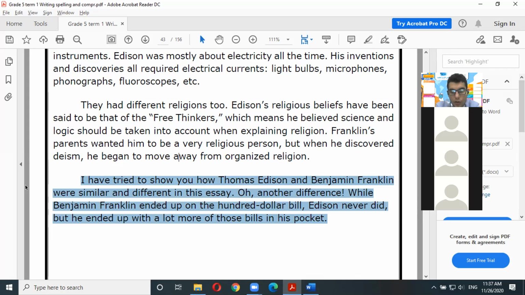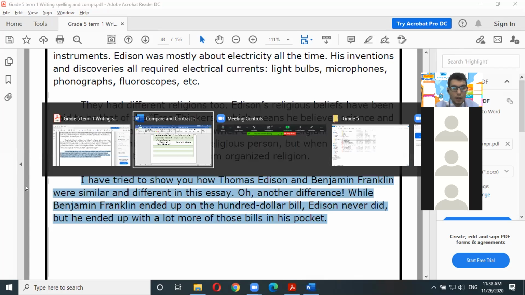So there is a great difference here. Edison was wealthy, but Benjamin Franklin ended up on the $100 bill. That means that he wasn't rich. Very good.